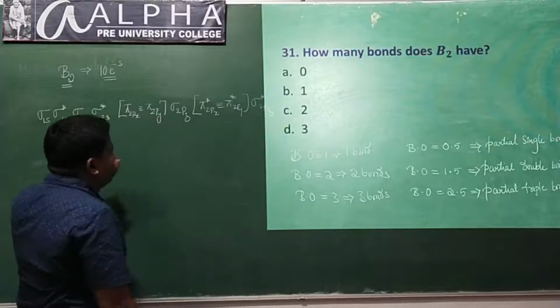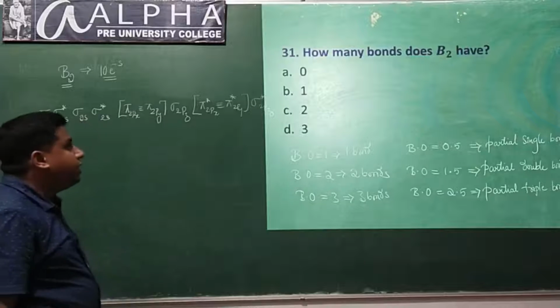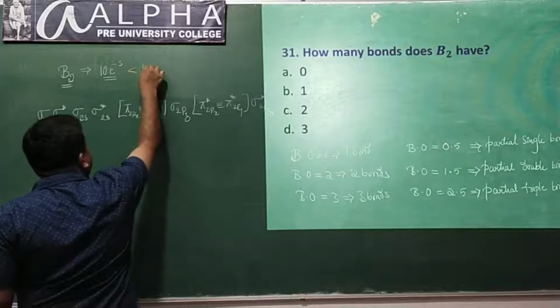This electronic configuration you will use when the number of electrons is less than 14.